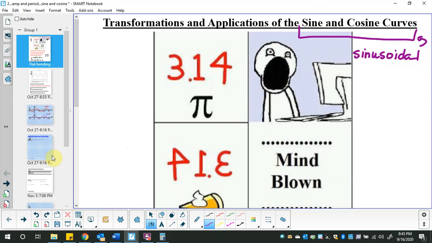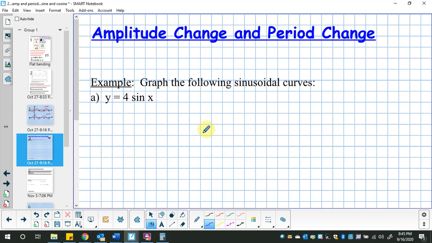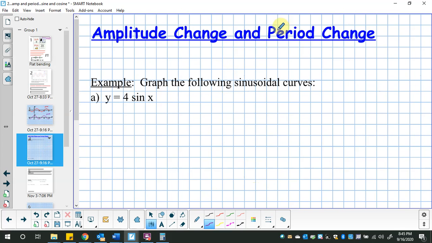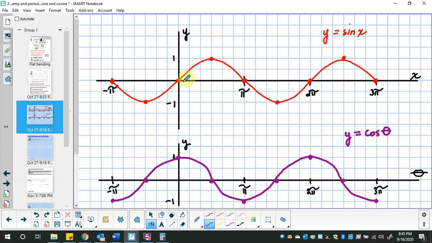So we're going to go on and we're going to do two things with this particular note. One is amplitude change. So we're going to just change how high the bumps go on the y-axis. And the other thing we're going to do is change the period length. So it may stay that we start and end in 2 pi, but it could also mean that we shrink it or we actually make it bigger.